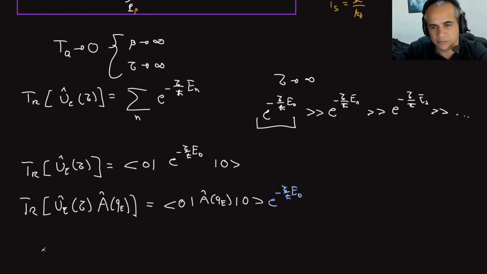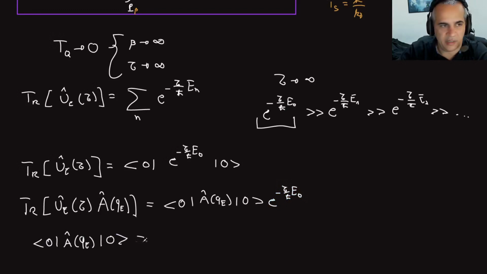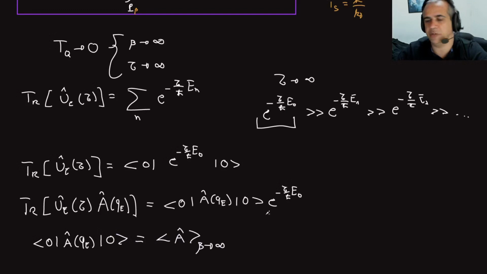So now, what I'm showing is that this is the same as this with beta going to infinity or tau going to infinity or temperature going to 0. It's all the same thing.